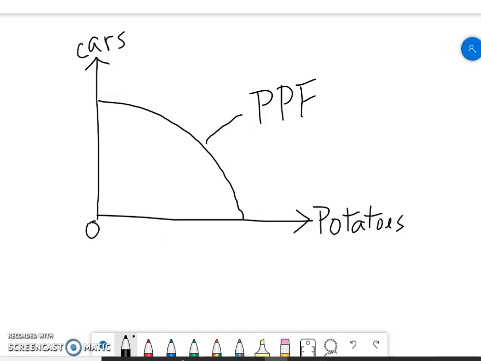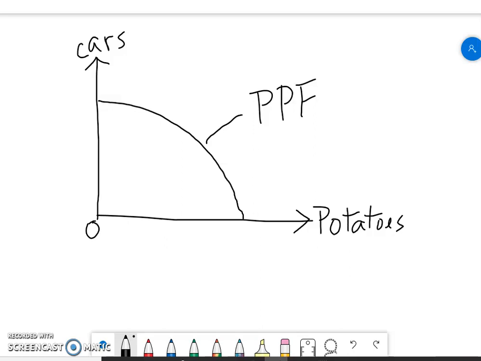Like you were talking to your grandma or grandpa: we just learned something called the PPF, and just tell them what a PPF curve looks like on the graph. All right, now you may pause the video and give yourself several minutes to think about it.